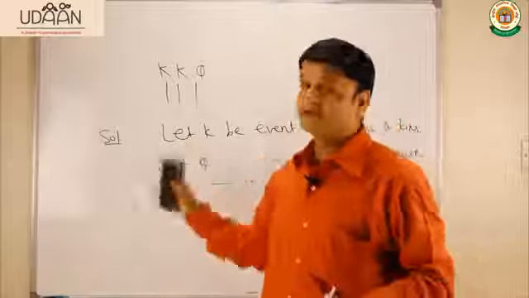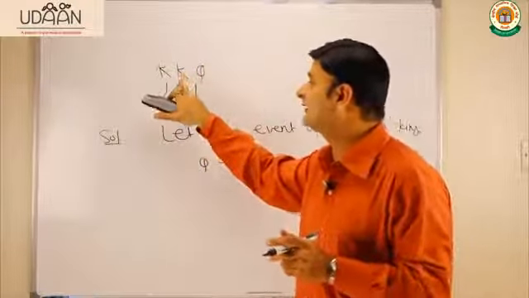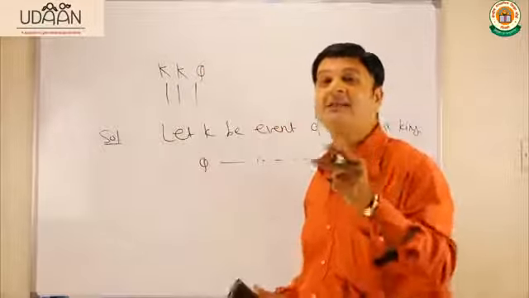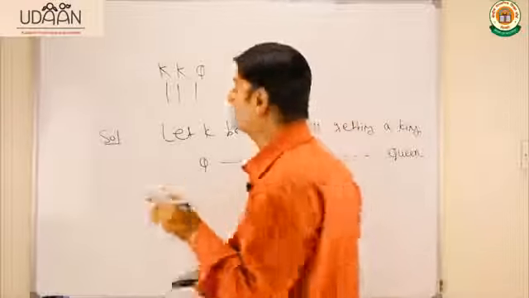So what he is asking, he is telling we want one king, then the second one again king, and third one queen. King and queen, king and queen, and you know very well it means intersection.